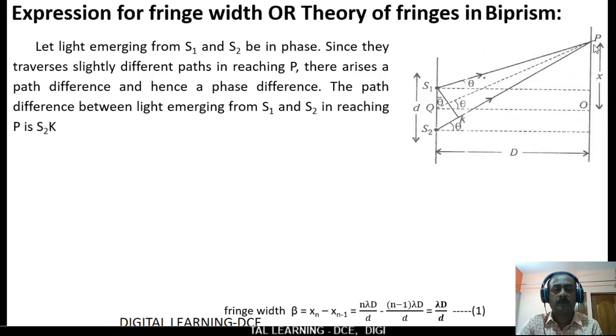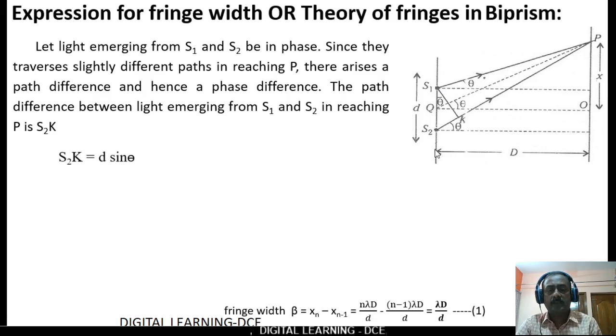There arises a path difference and hence a phase difference between these two. The path difference between light emerging from S1 and S2 in reaching the point P on the screen is S2K, the path difference between the two light waves which originate from S1 and S2.